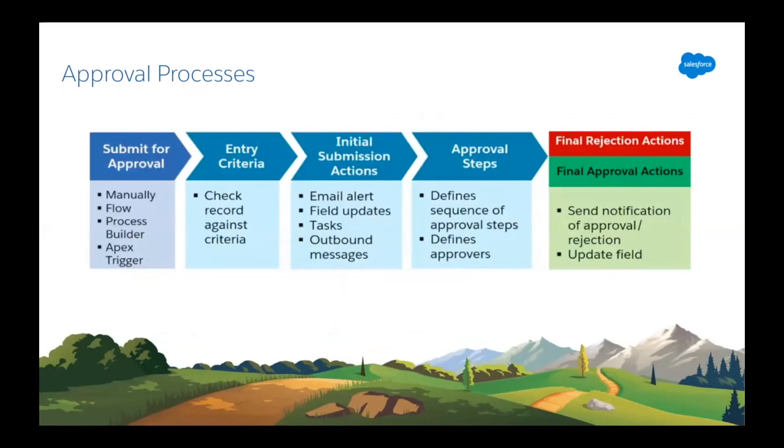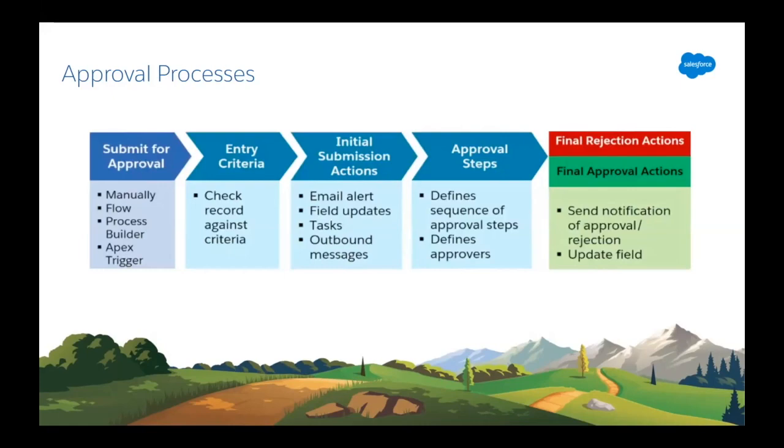You can submit it automatically using a flow, Process Builder, or Apex trigger. The entry criteria checks the records against specific criteria as you, the admin, create. The initial submission action could be an email alert, field update, tasks, or outbound messages, similar to workflow actions.